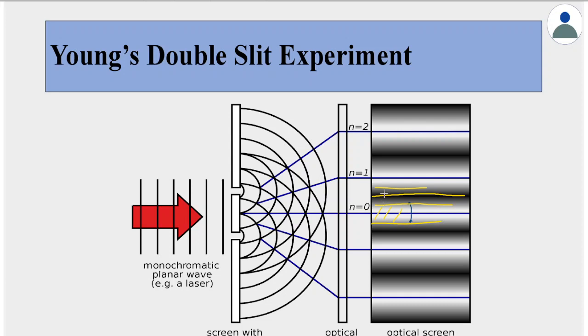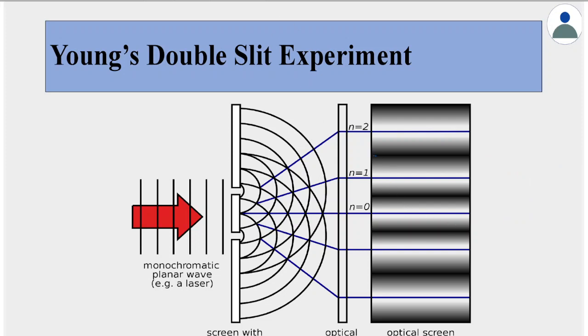So as seen here, there is no clear-cut division. It is not like completely bright and completely dark. The intensity gradually changes. If this is the bright band, then the center of this will have maximum intensity, and when we go away from it, it will decrease. So the center of the dark band will have the least intensity, or zero intensity, as given here.